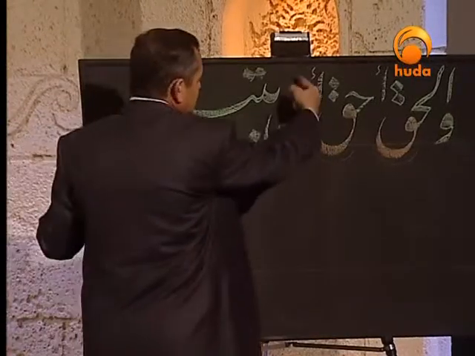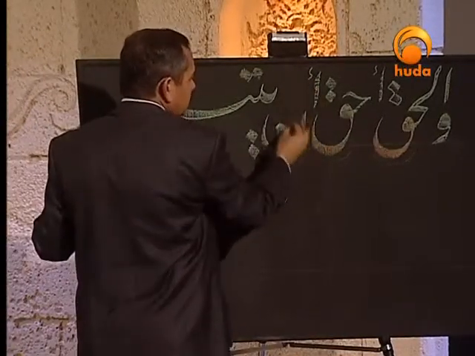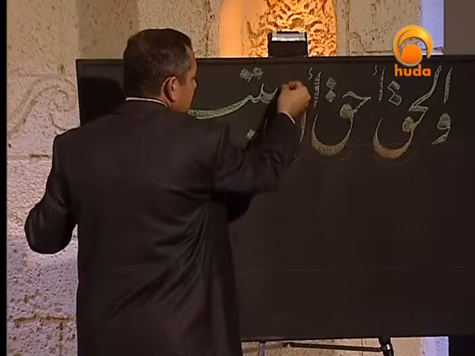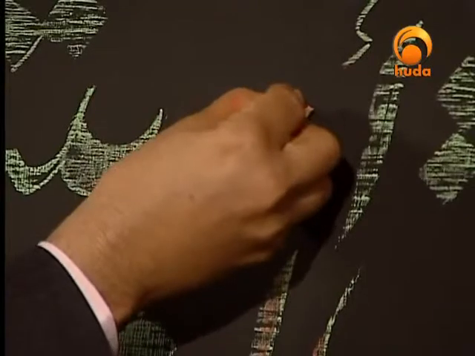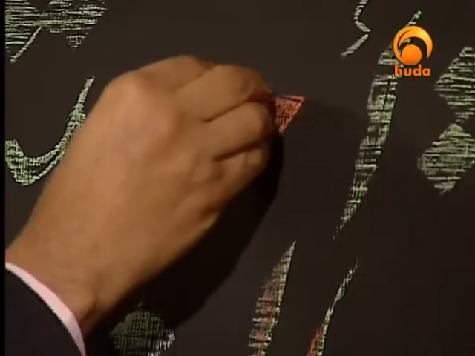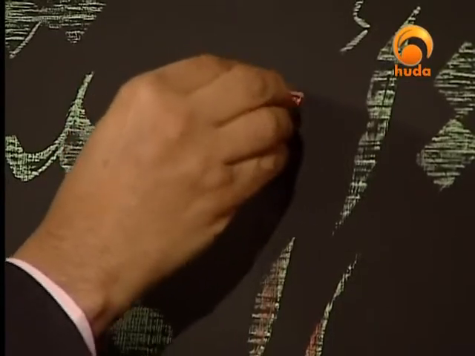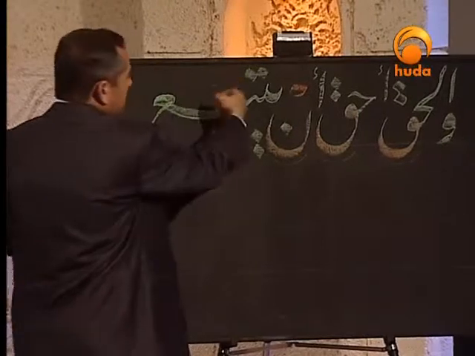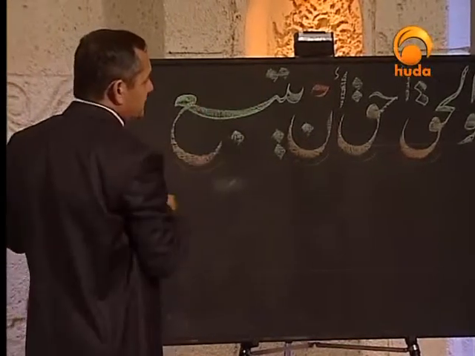Here I can see space and sukun, silent. So I have to do the sukun here. I put the mark of sukun, silent. It comes like this. يتبع also, here there's some space.